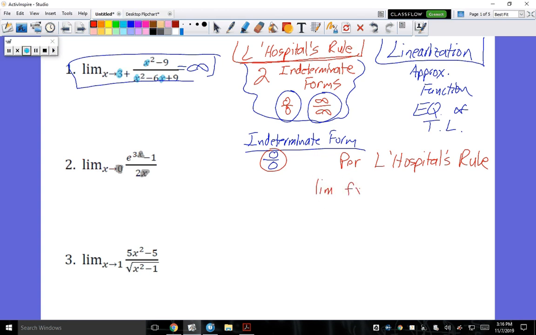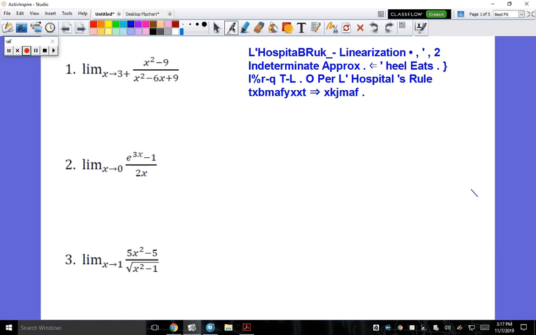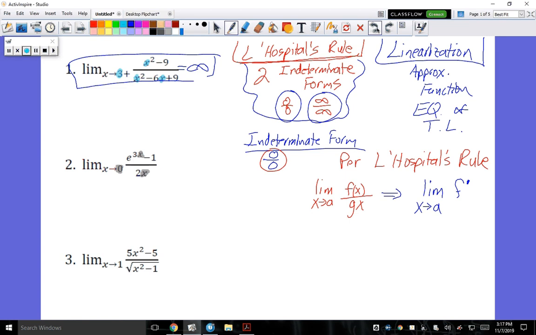The limit of f of x over g of x as x is approaching a, when we cannot solve it this way, what we do is we rewrite it to a form that we might be able to solve by taking the derivative of the top independently from the derivative of the bottom. And then we just plug in our c value, or that a value that we're looking at.